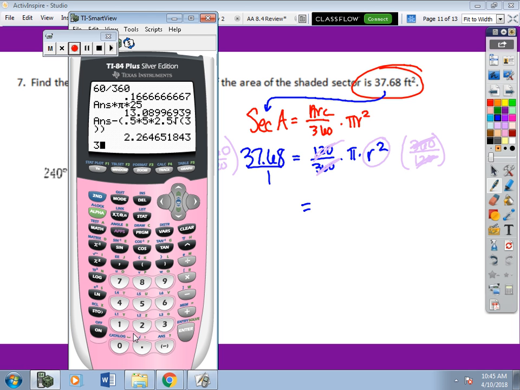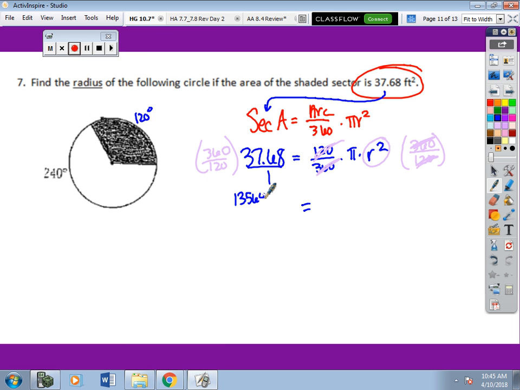Multiply the 360 times 37.68. And then the denominator, 120 times 1 is 120. Equals pi radius squared. Before you can square root, you do have to divide by pi.